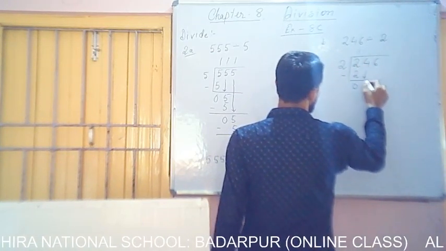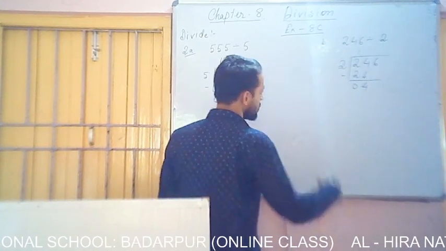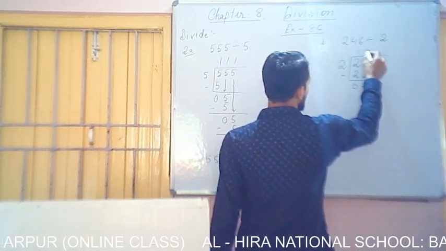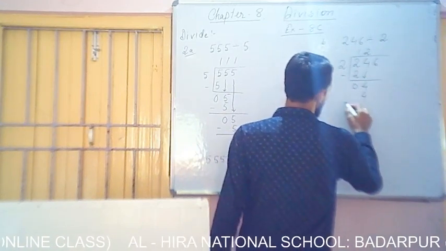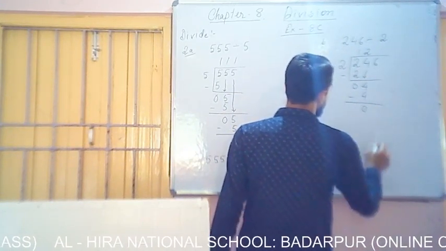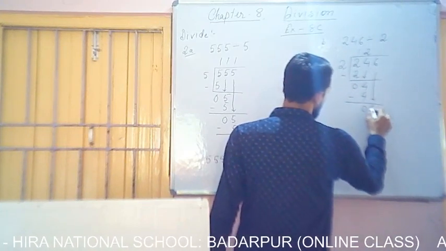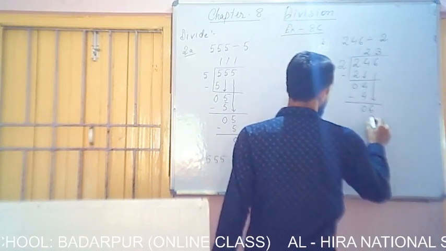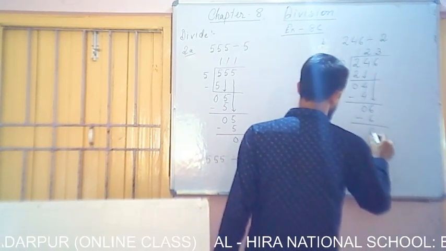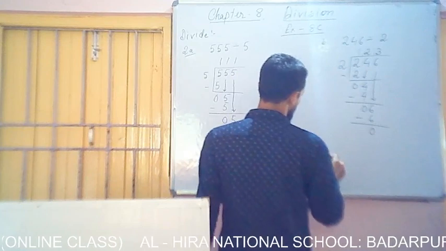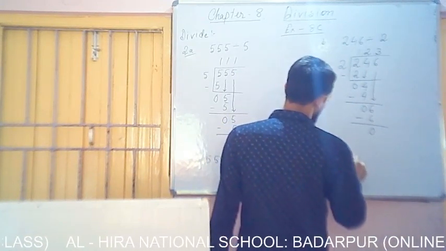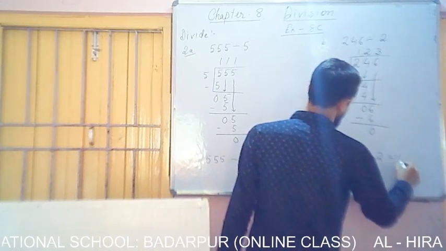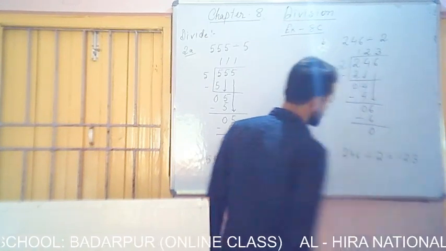Bring down 4 tens, which is greater than 2. So 2 2s are what? 4. Again 4 minus 4 equals to what? 0. Bring down 6 ones. So 2 multiplied by 3 equals to what? 6. 6 minus 6 equals to what? Again 0. So we can write therefore 246 divided by 2 equals to 123.